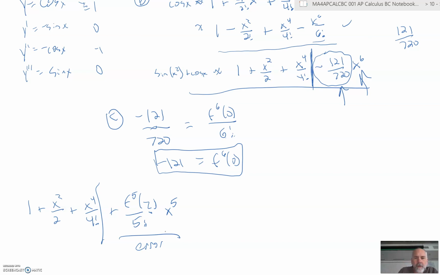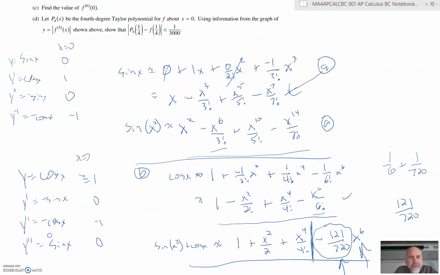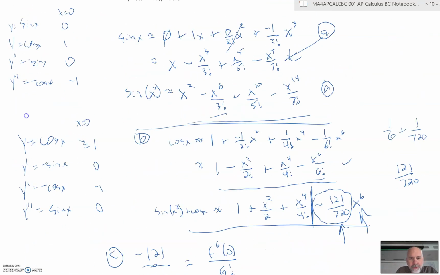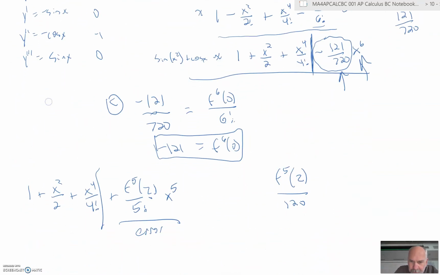Okay, so that error is the 5th derivative evaluated at z over 5 factorial, that's 120, times x to the 5th. Well, I'm approximating it at 1/4. So it's times 1/4 to the 5th.